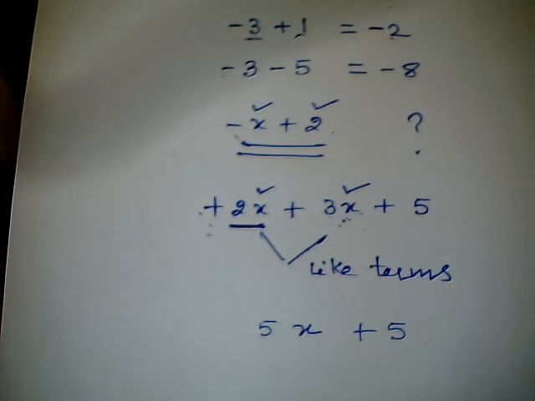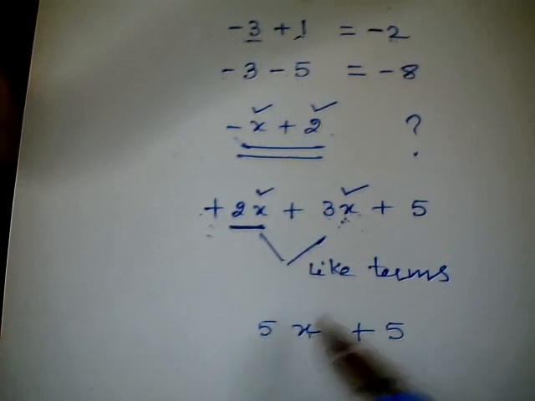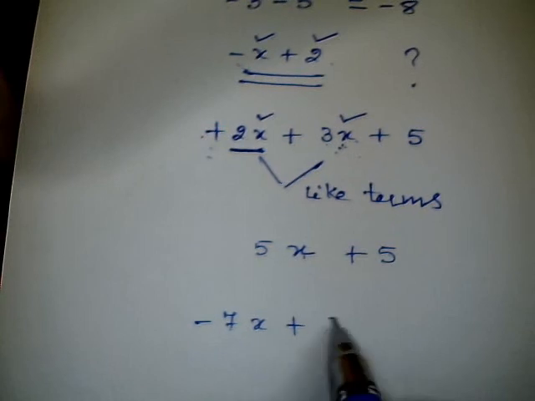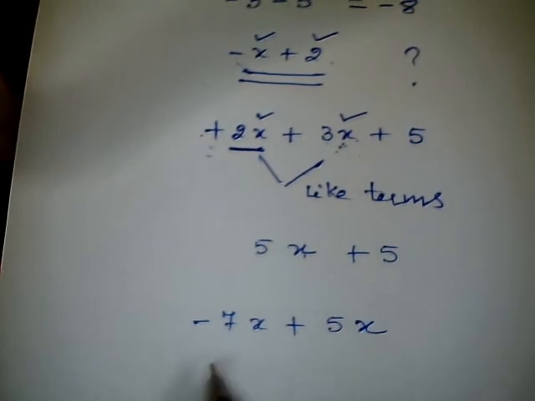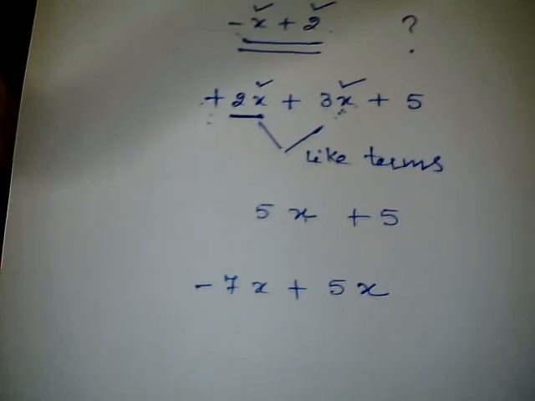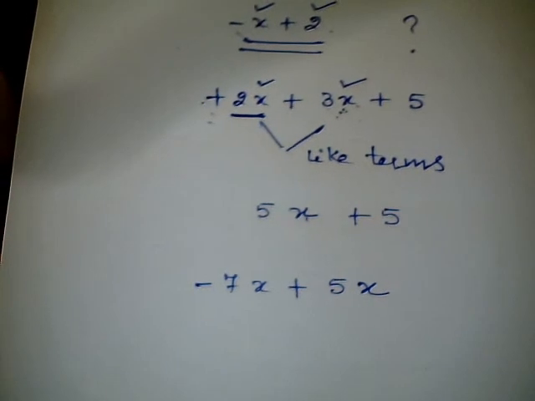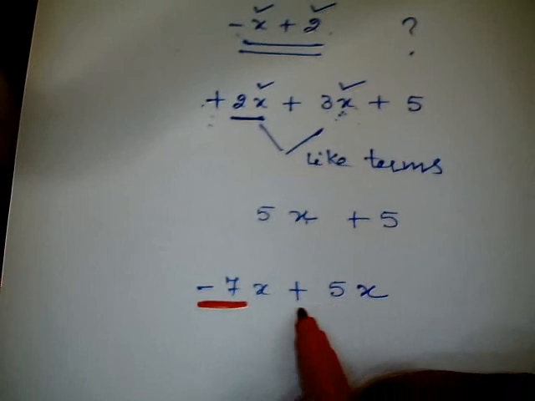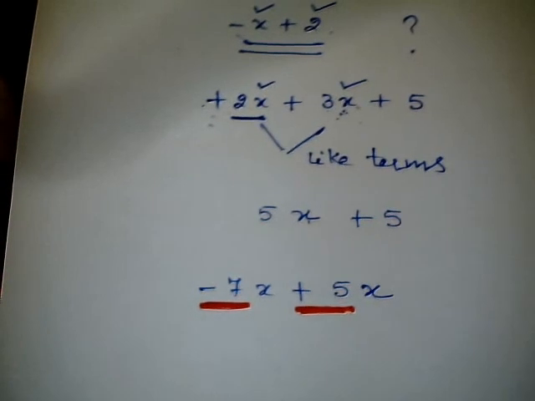Now suppose I have written negative 7x plus 5x. These are also like terms, they will get added or subtracted. So where is the difference going to be? This is negative 7, this is positive 5, one number is negative, one is positive, so subtraction is going to happen.